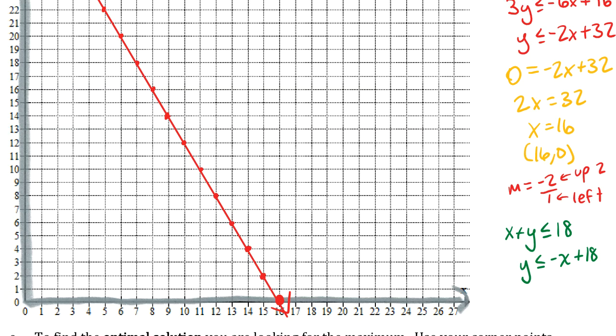So this one's on our graph. We just go up to 18, put our first point. Then we go down one, right one for our slope. And again, I'm not just going to stop by doing it once. I'm going to keep going down one, right one, over and over until I run out of room.